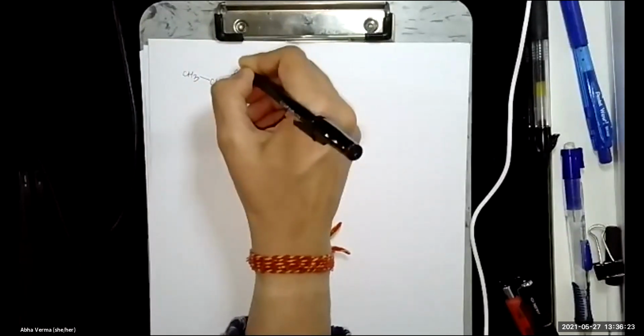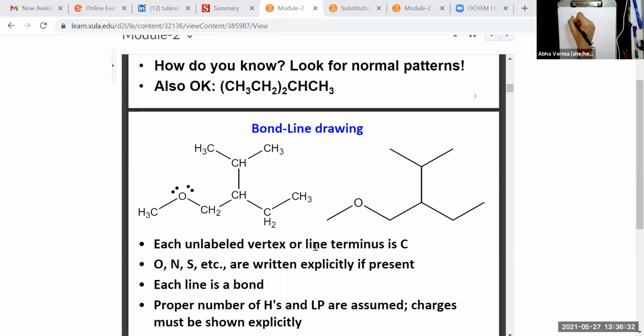Did anyone try it? Could you share screen? Oh, okay, sure. Actually, Sydney, that's a very good way of depicting it, and as I said, there are multiple ways.